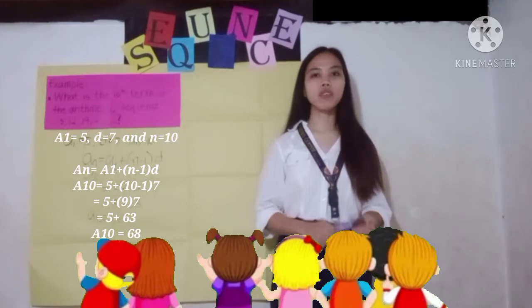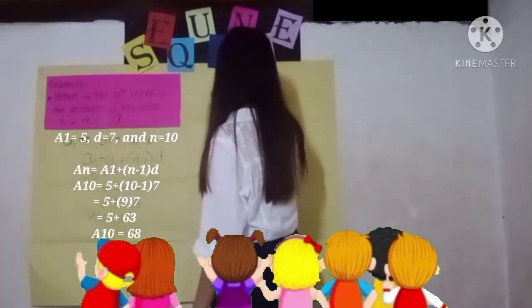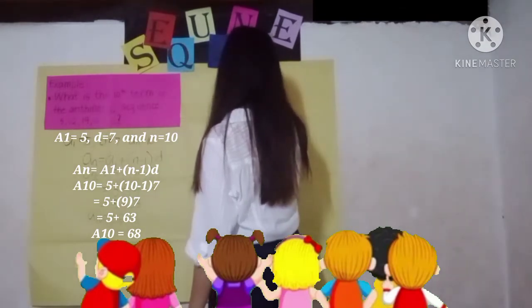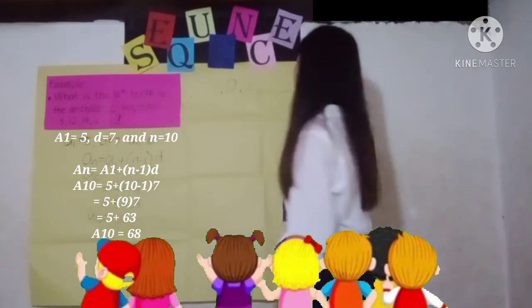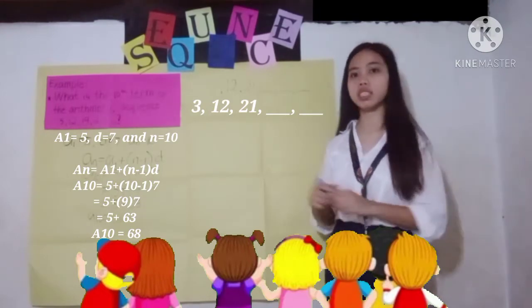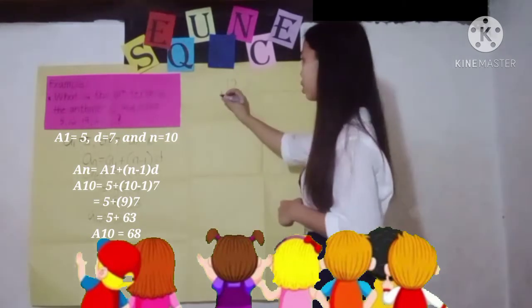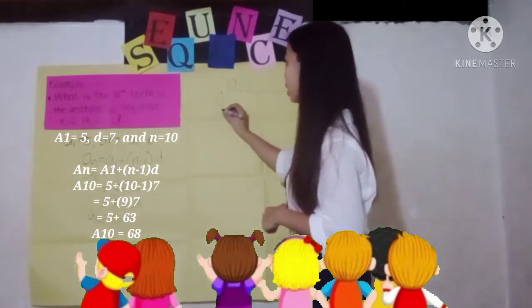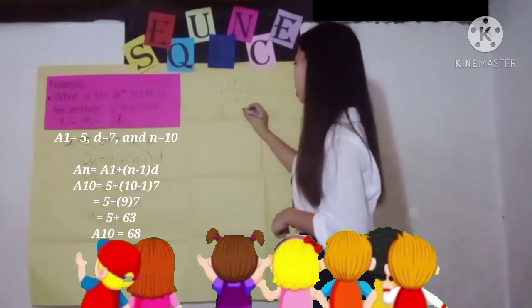Another example of arithmetic sequence is 3, 12, and 21. Now find the missing terms of this arithmetic sequence. First, find the common difference. 3 and 12, the difference is 9. 12 and 21, the difference is 9.